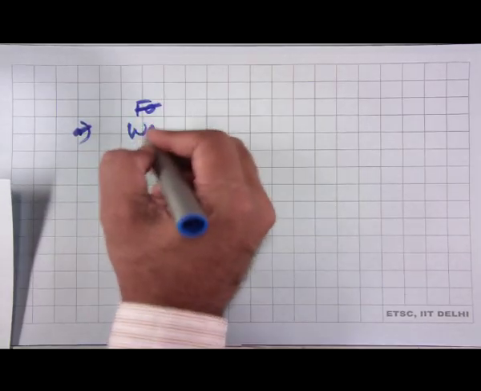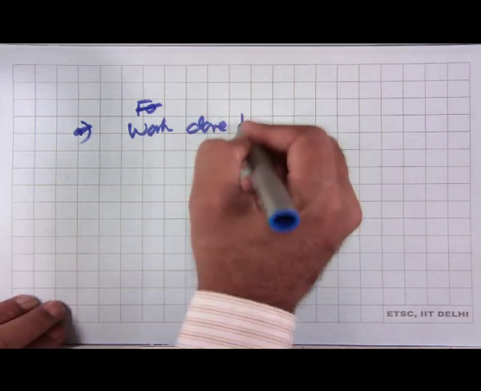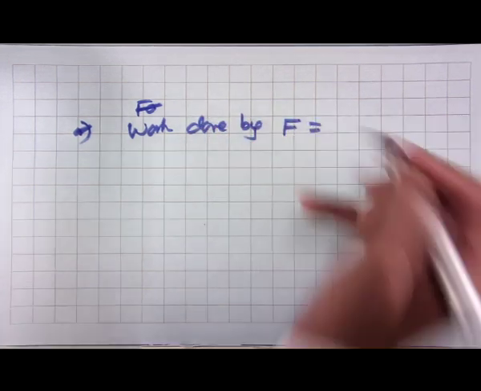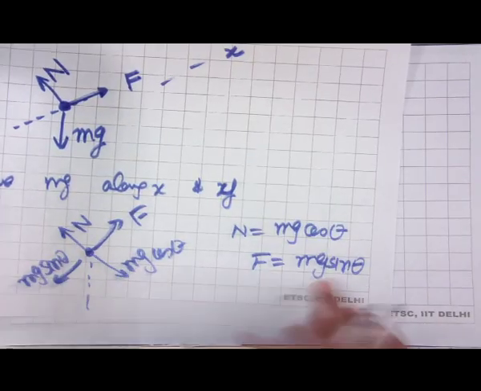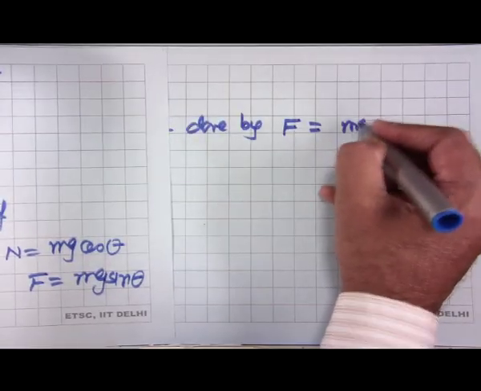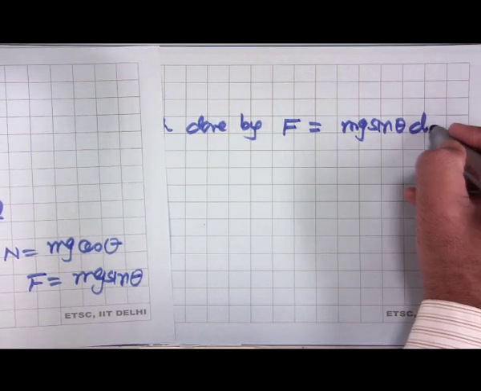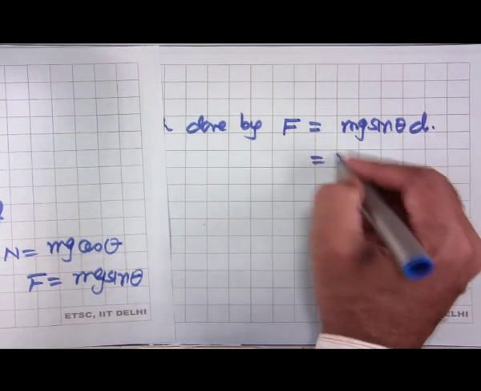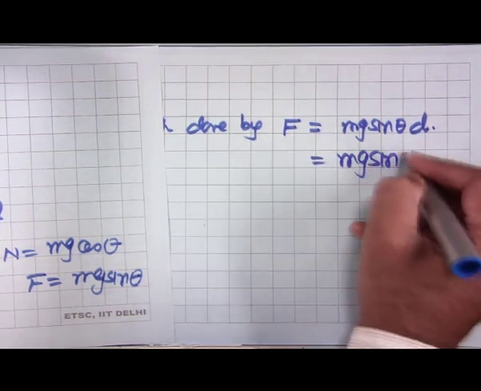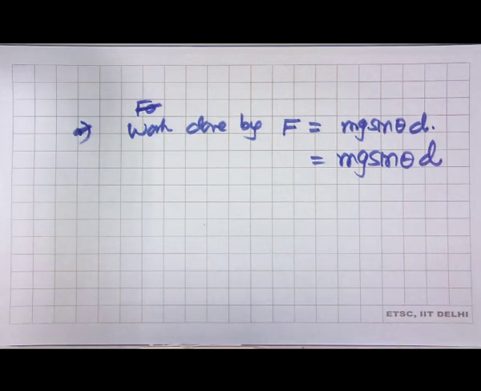Now, to find the work done by the force F, this will be equal to the force F, mg sin theta, times the displacement d times cosine of 0, which is 1. So, that will be mg sin theta times d.